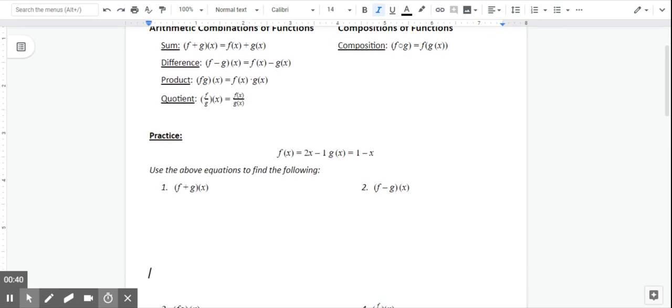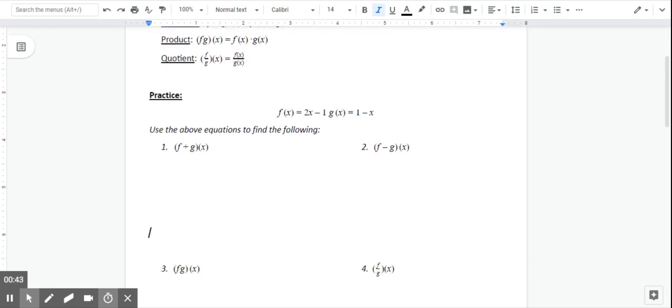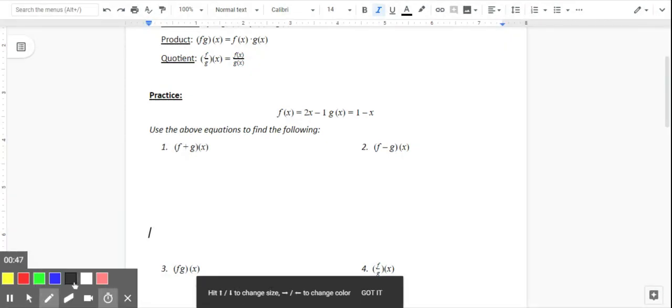So for a couple examples, we start off with addition, f plus g of x. So from above, we know that f plus g of x is the same thing as f of x plus g of x.